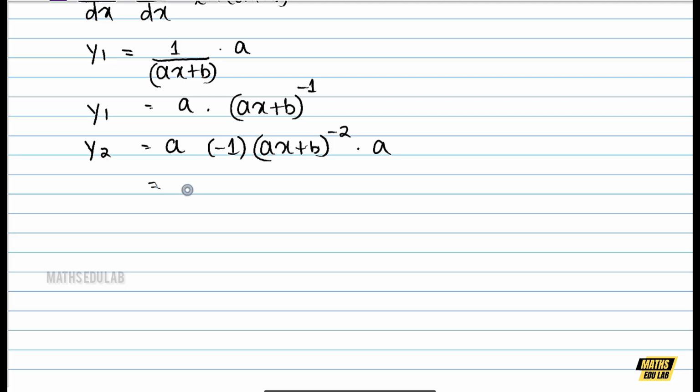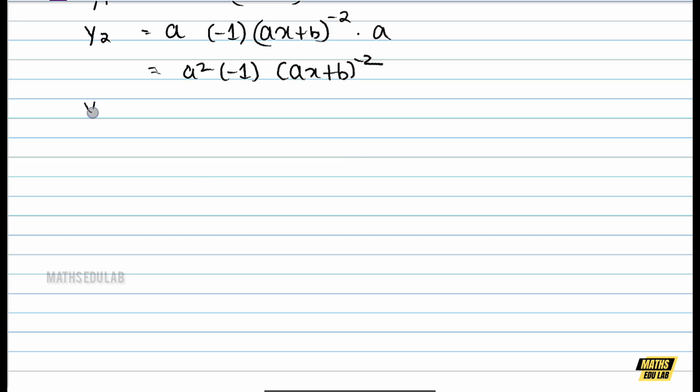So here it changes to a square, there is a minus 1, and (ax + b) to the power of minus 2. And similarly, if you do the derivative for y3, that means the third derivative of the given equation, the value changes to minus 1 into minus 2, a cube, (ax + b) to the power of minus 3.